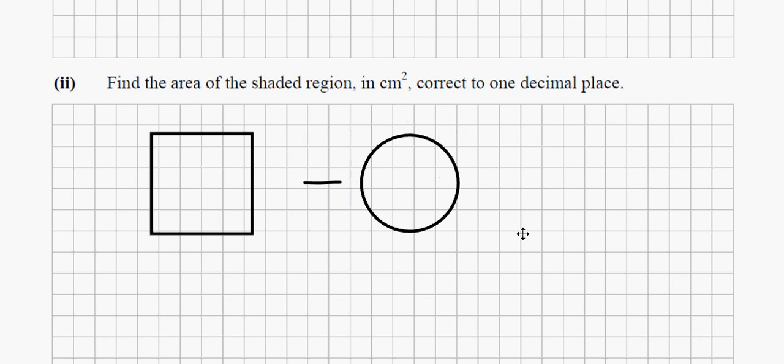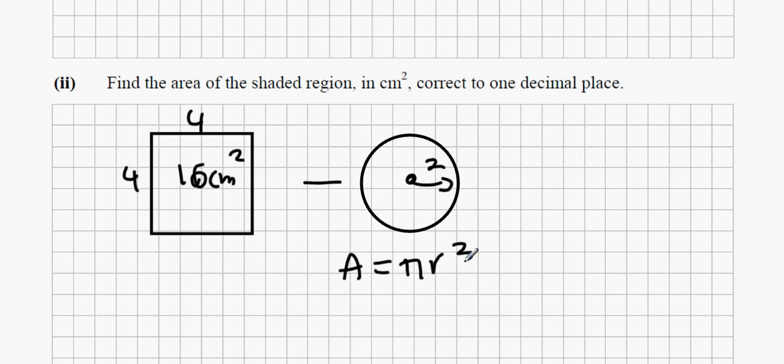Okay, so what we know is that the area of the square is 4 by 4, 16 centimeters squared, and we know that the radius of the circle is 2. Look up your notes. You're looking for your shapes, so this will be on page 8 of your tables, and you have area equals pi r squared.